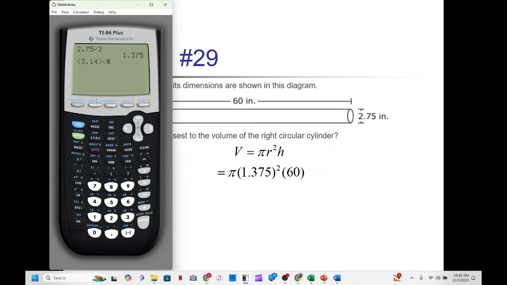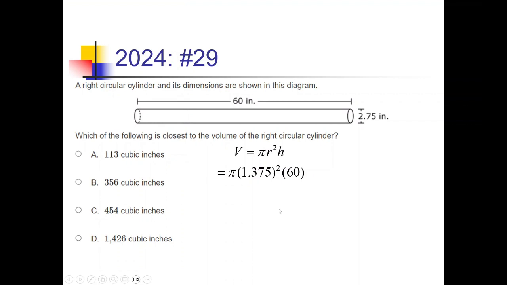And then we've got 1.375 squared. Whoops, let me put a 7 in there. And another parenthesis, there we go. And let's see, I think I mixed these up. See, calculator entry issues. All right, now we've got 60 over here. And enter. It comes out to roughly 356. That's in cubic inches if you were curious, and that's going to be choice B.